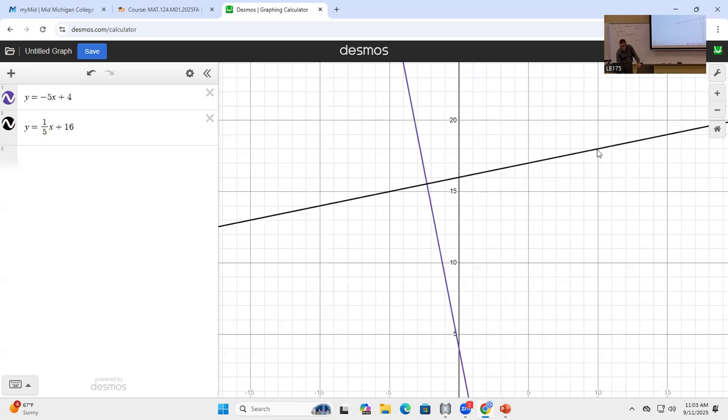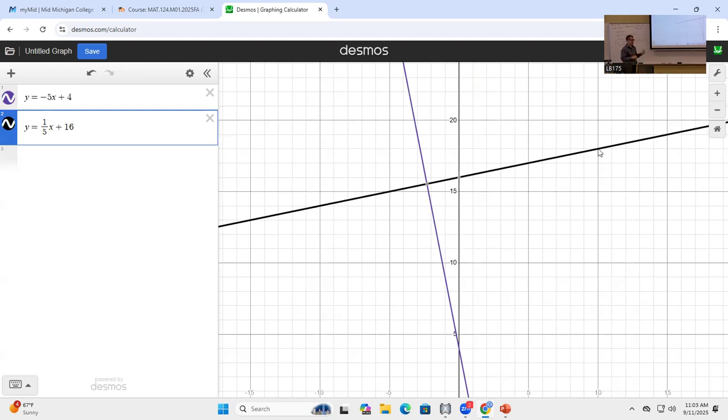And you can also check whether the line I found goes through the point (10, 18), and it looks like it does. So you can confirm that you got the right equation by graphing as well.